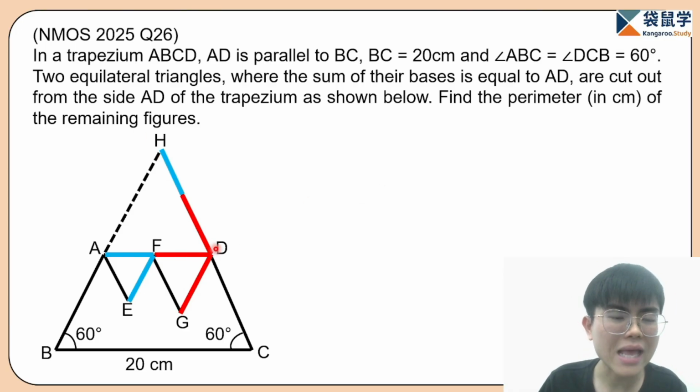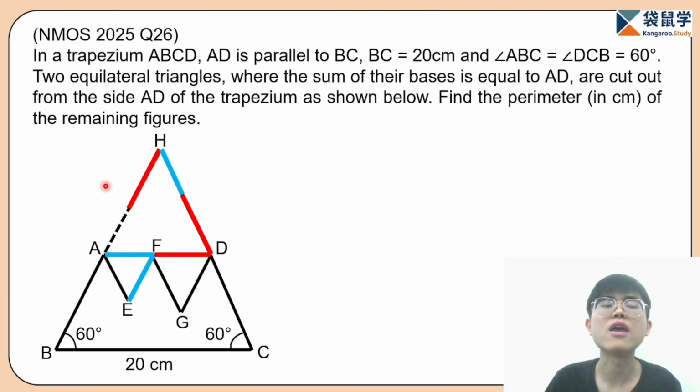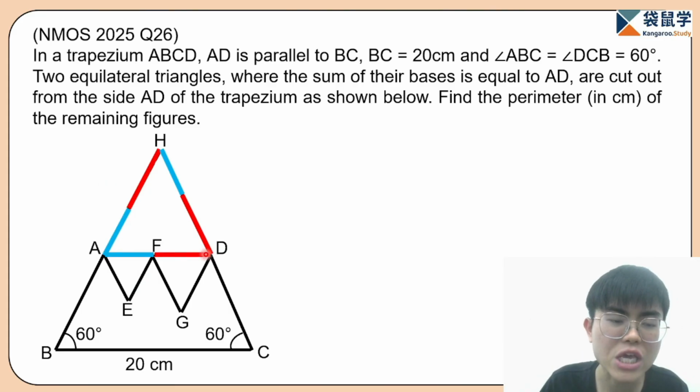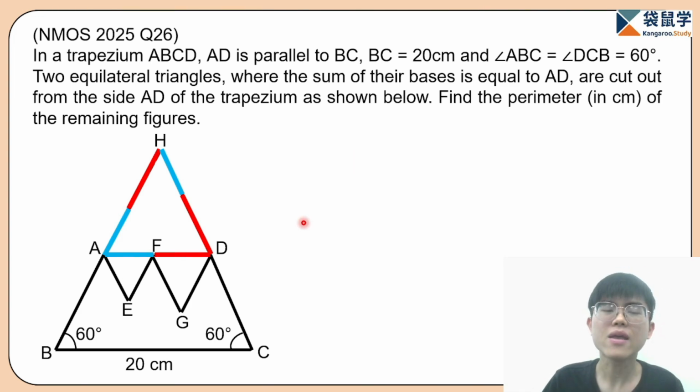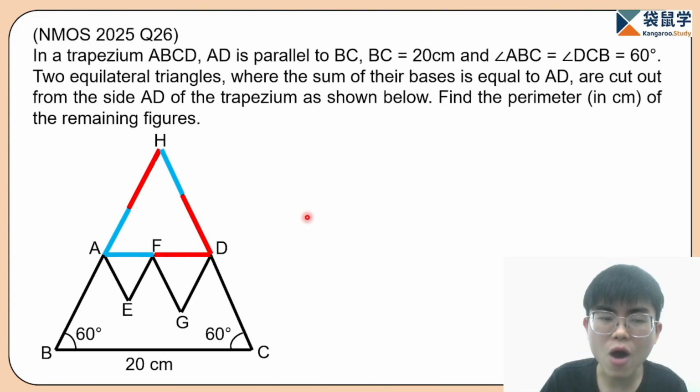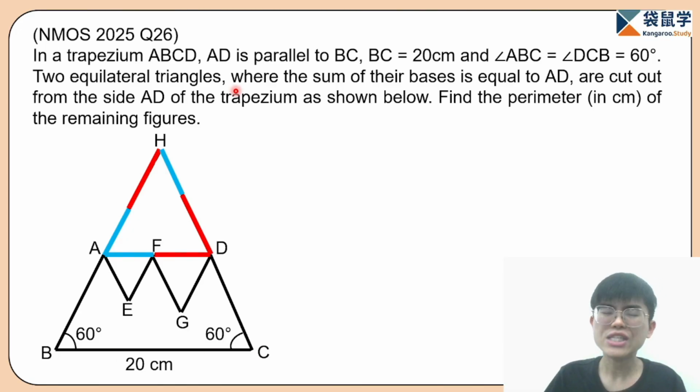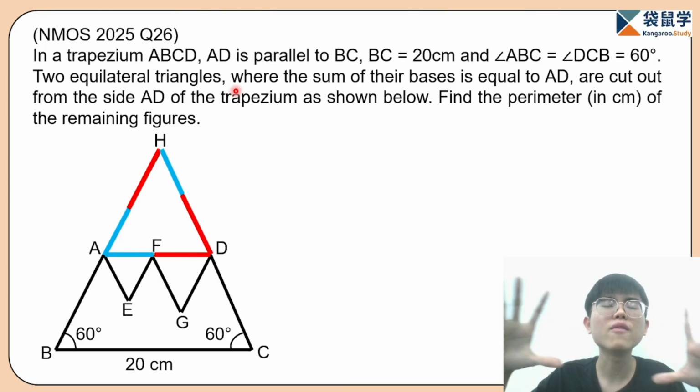And also, at these two lines, DG and EF, we can also move them to the line HA over here, which forms another side of this equilateral triangle. So everyone, now that we have moved all of these lines, you can see that now we have got our big equilateral triangle.